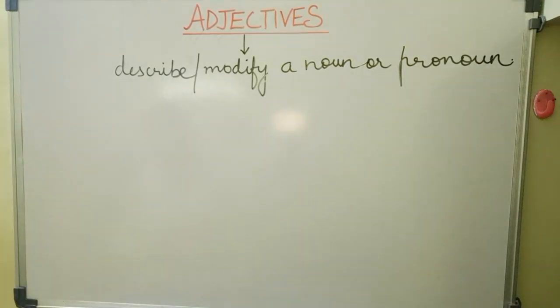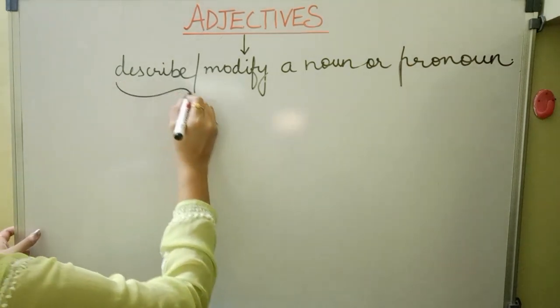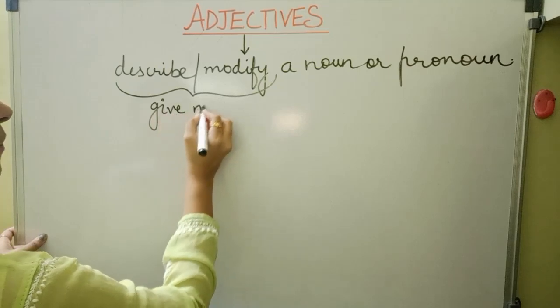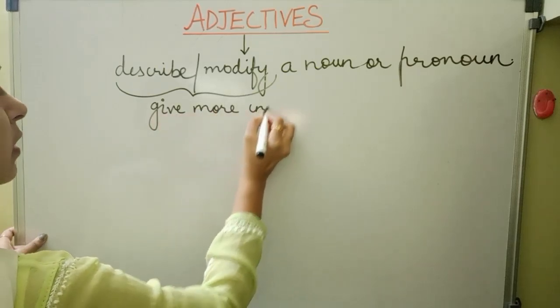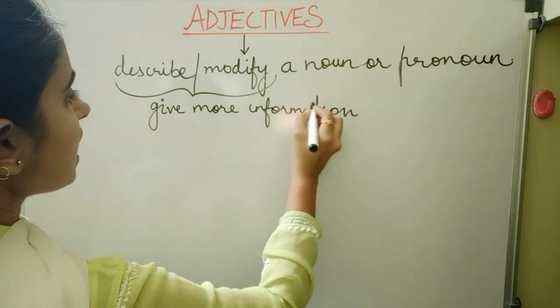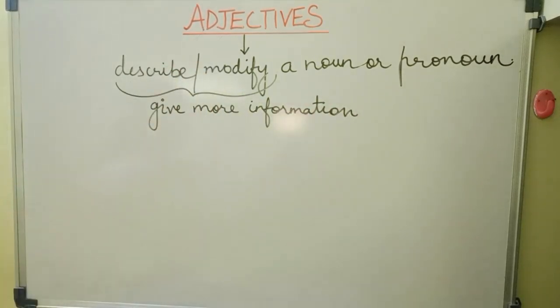Describe or modify means adjectives give more information. So children, adjectives are the words that give more information about a noun or a pronoun. In short, you can say that adjectives are describing words that describe a noun or a pronoun.